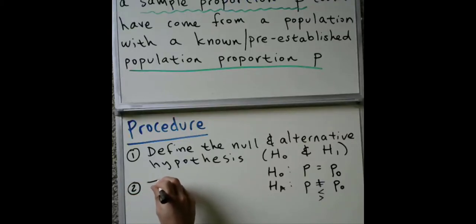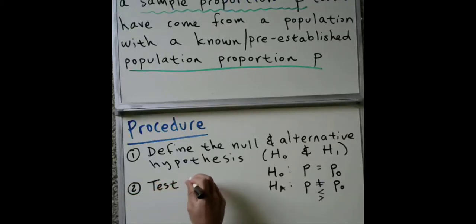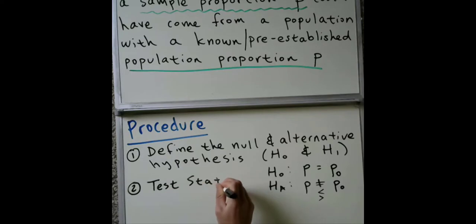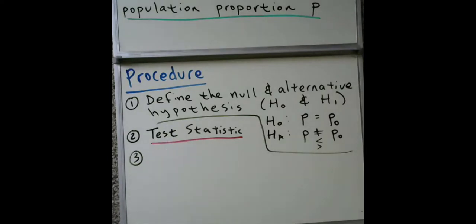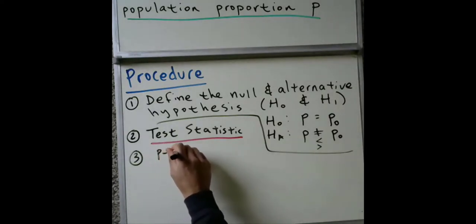The next step is computing the test statistic. So that is a new step for us. Right now, I think I'm just going to run through the procedure and not get bogged down by that formula, so I'll come back to that. The third step is determining the p-value.